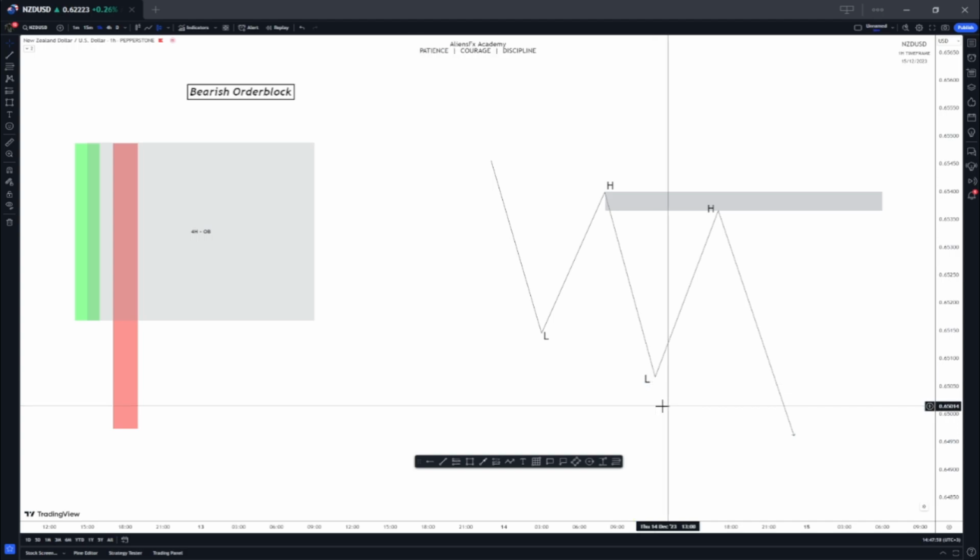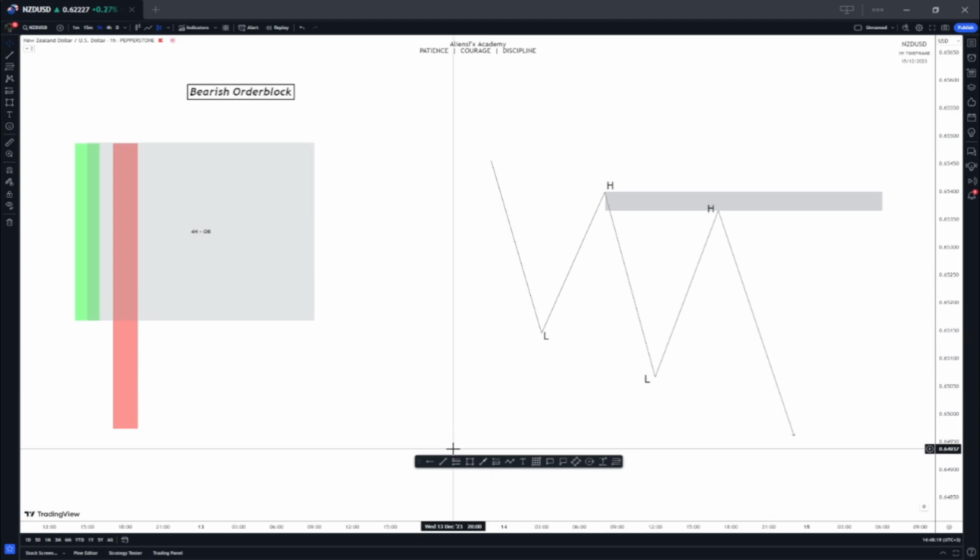In the ICT strategy or the SMC strategy, we believe that price comes back here, not the way you do the breakout and retest thing or the breakout entries. We don't do that. In ICT, we wait for price to come back to our order block to take a trade.